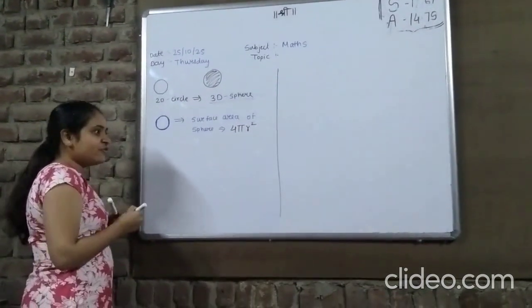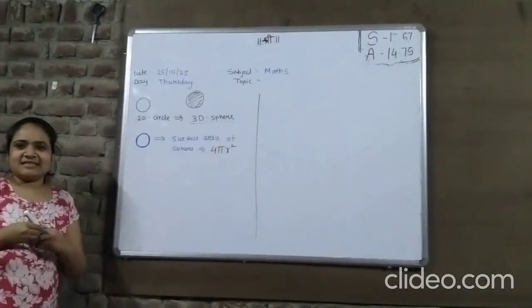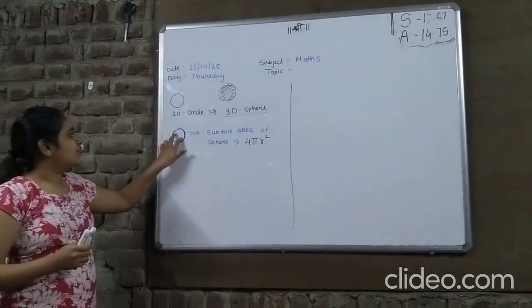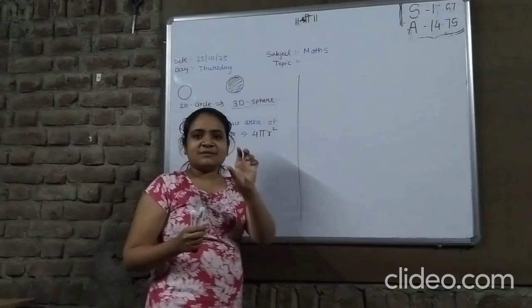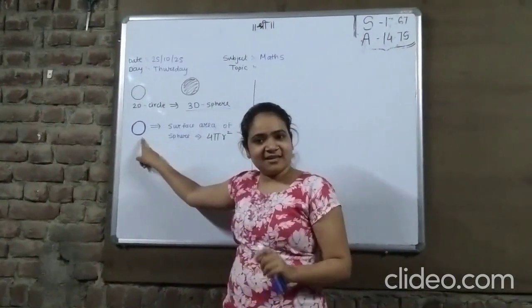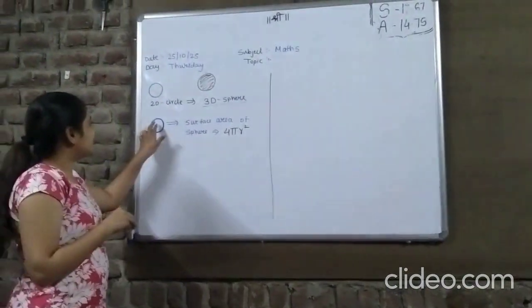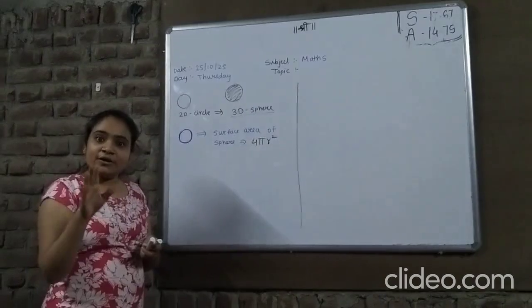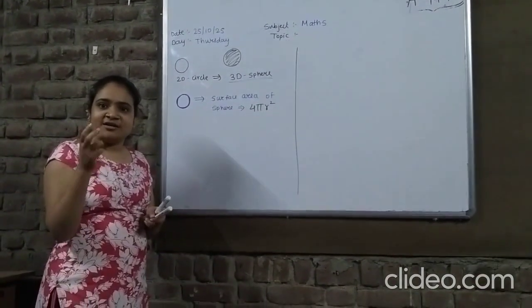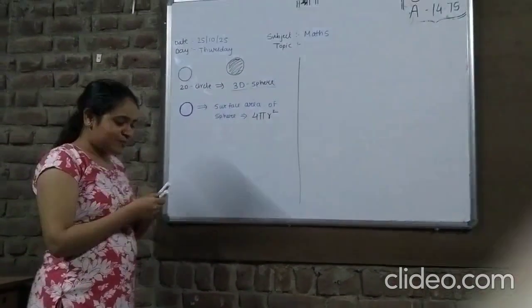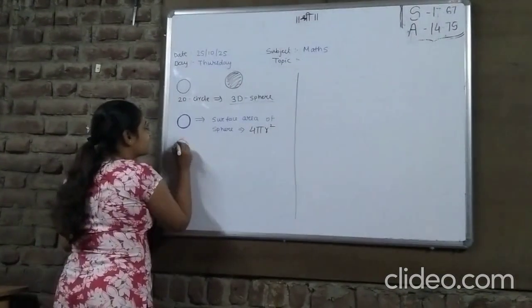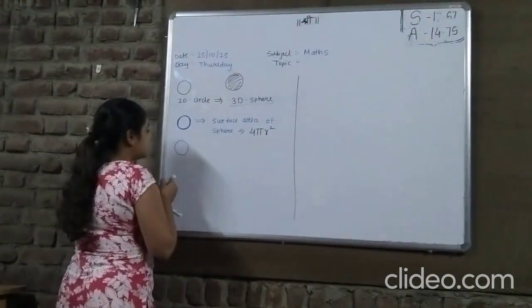Have you seen that tennis ball? It is a reddish rubber ball made only from the surface, so it has only surface area. And the cricket ball, the season ball, is filled from inside also.